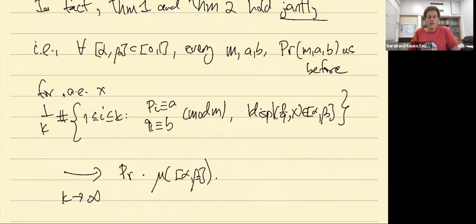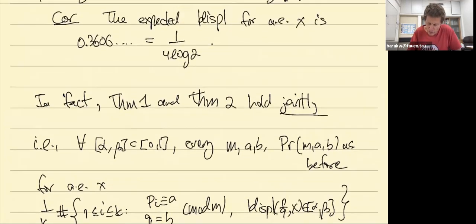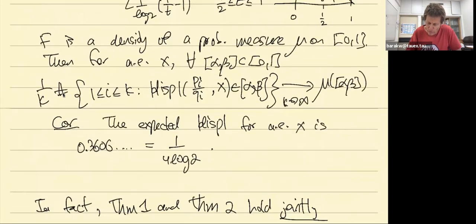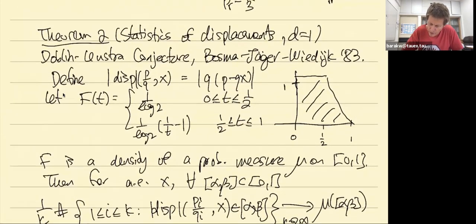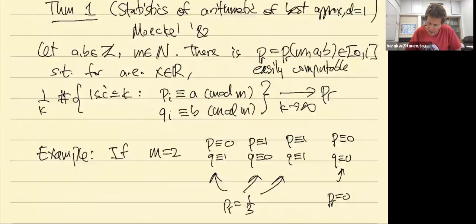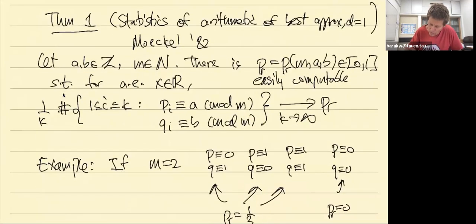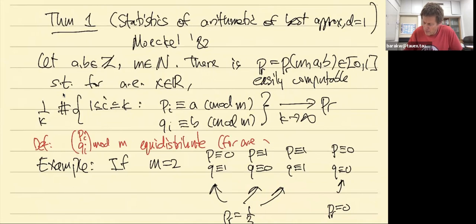That's what I mean by joint equidistribution. One more piece of terminology. Definition: when this kind of thing holds, I'll say that the classes Pi, Qi mod m equidistribute for almost every x according to this PR, which I think of as a probability measure on pairs of residue classes.